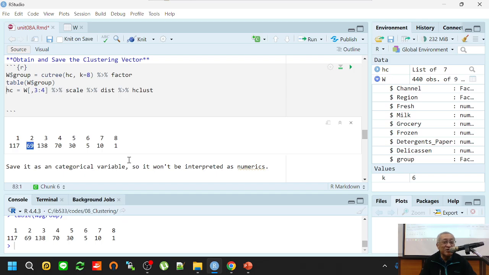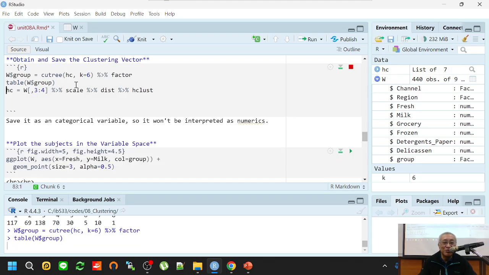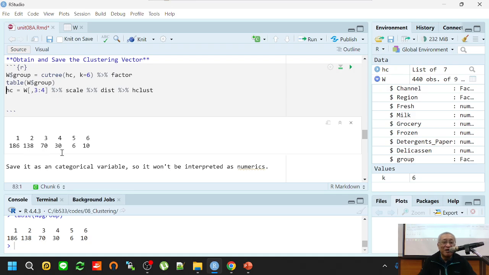Okay. In this case, the eighth group only has one, right? So basically, you don't like to have a group so small, right? So usually when I see this, I'll try to maybe reduce it to 6 groups, and then do the table again.